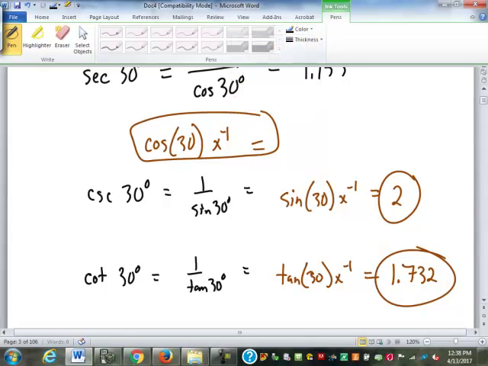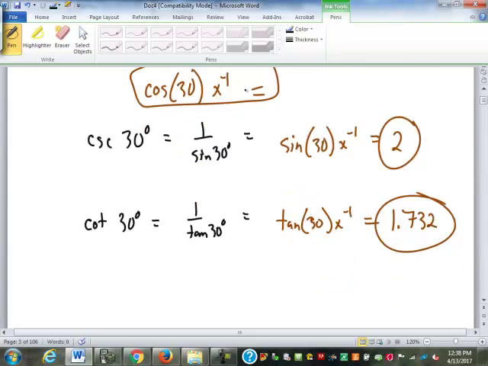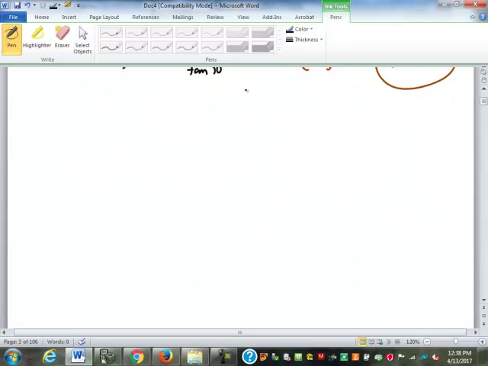Okay. So those are the ones we've covered already. Let's take a look at some other ones that are kind of interesting. And we started on this with you guys yesterday. But we know that the tangent of an angle is what two sides of a triangle? Opposite over adjacent.